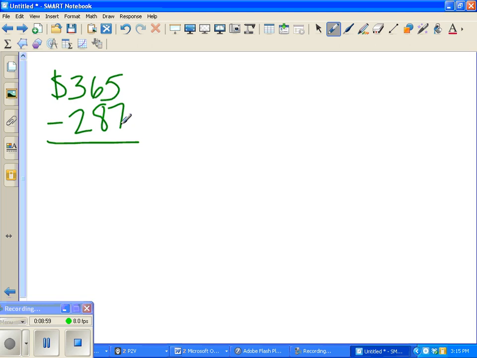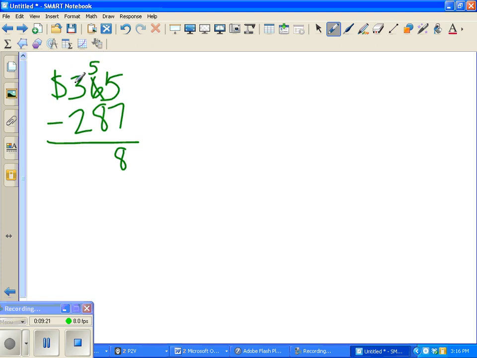Okay, 5 minus 7. Well, we can't do that. So we're having a lot of practice borrowing today. We go to the neighbor and borrow, and 6 becomes 5. And now 5 in the ones is 15 ones. 15 minus 7, 8. 5 minus 8. No can do.